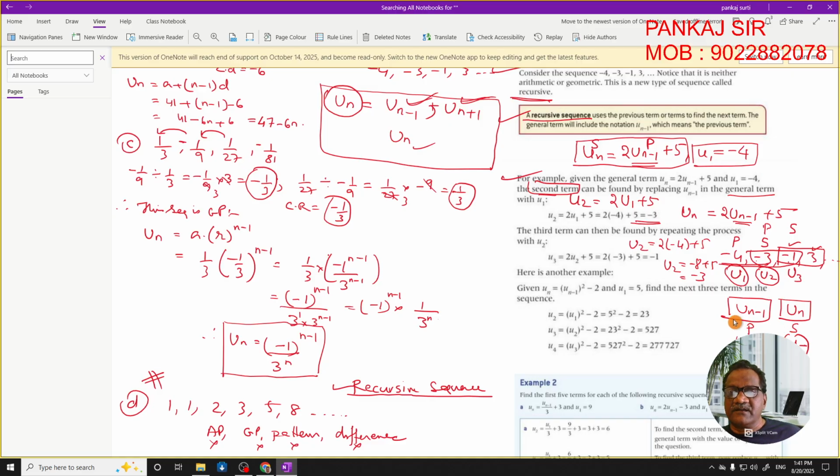Got it? Suppose they ask you to find out the third term for the same thing. The third term can be found by repeating the process again. For the third term, you take the successive term, that is un, which will be 2 times, now instead of un minus 1, you will have u2, plus 5.